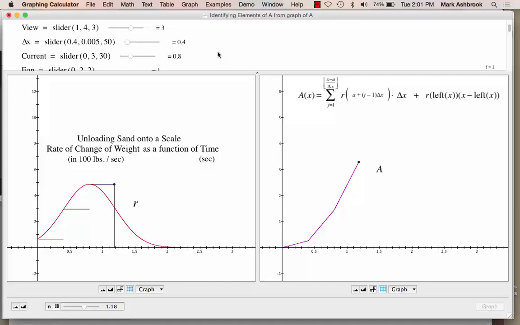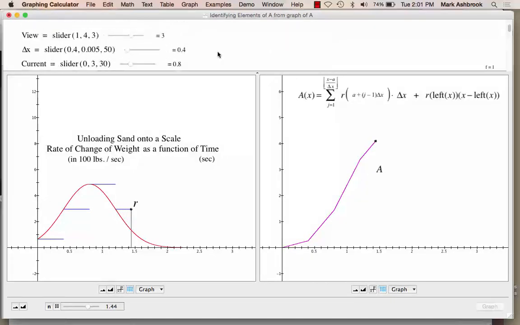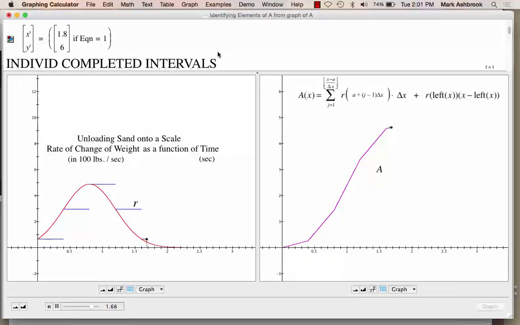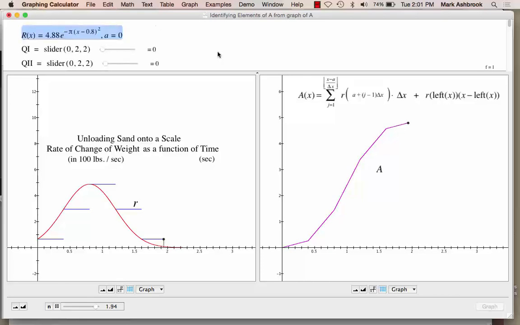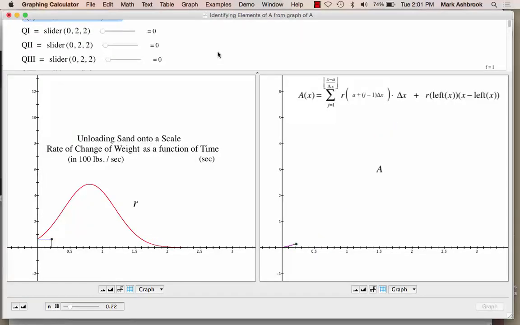We talked about this on Thursday. So what I want to do is relate. What is this showing? This is showing how the approximate accumulation is built as x increases.